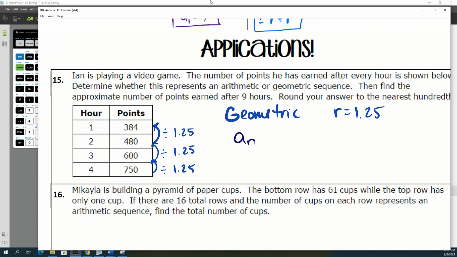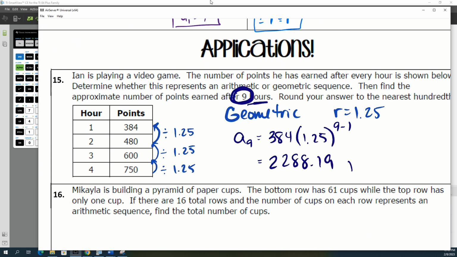Fix that. Right, and then the first term is that 384 and 1.25 raised to the 9 minus 1. Now the reason I did n is 9 is because we're looking for 9 hours. Right, and then you just type that in the calculator, and it's 2,288.19 points.